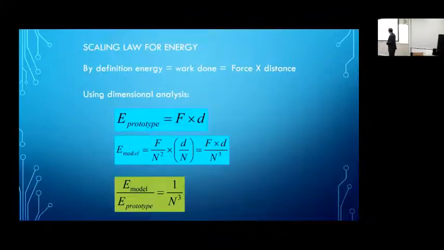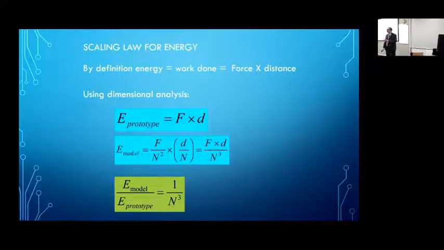Okay, what about energy? Energy, by definition, is work done, or force times distance. We already know the force scales as 1/n squared, and distances we know we have to scale by a factor of n. So the energy scales as 1/n cubed.